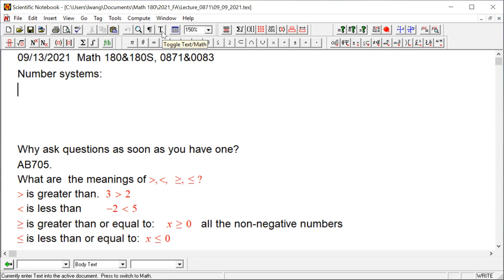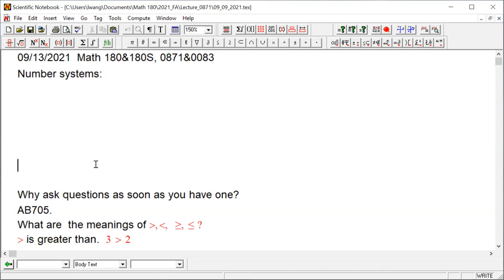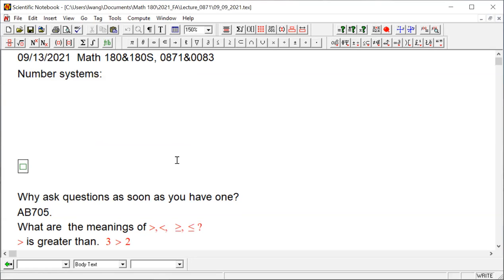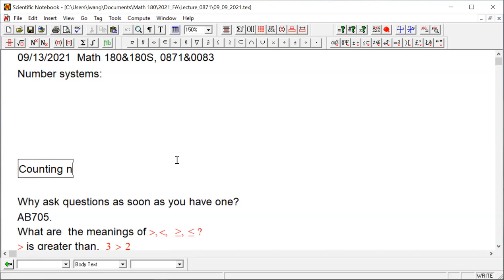we humans know about numbers in time, right? For example, in the early days, we only knew counting numbers. So what are counting numbers?